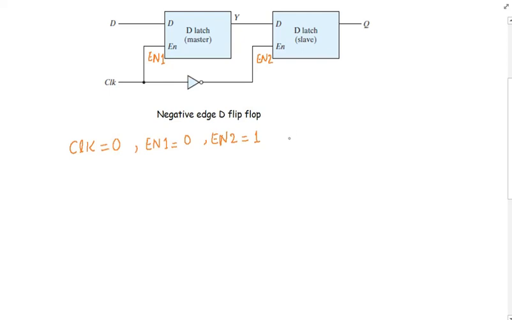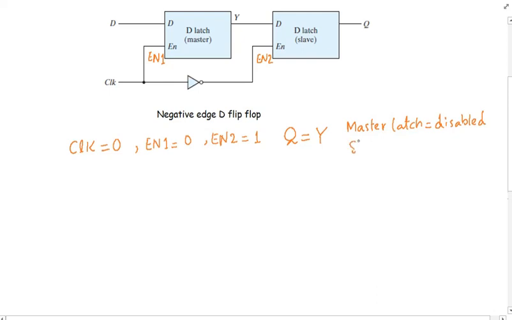So in this case, the output Q will be equal to Y, because the master latch is disabled while the slave latch is enabled.